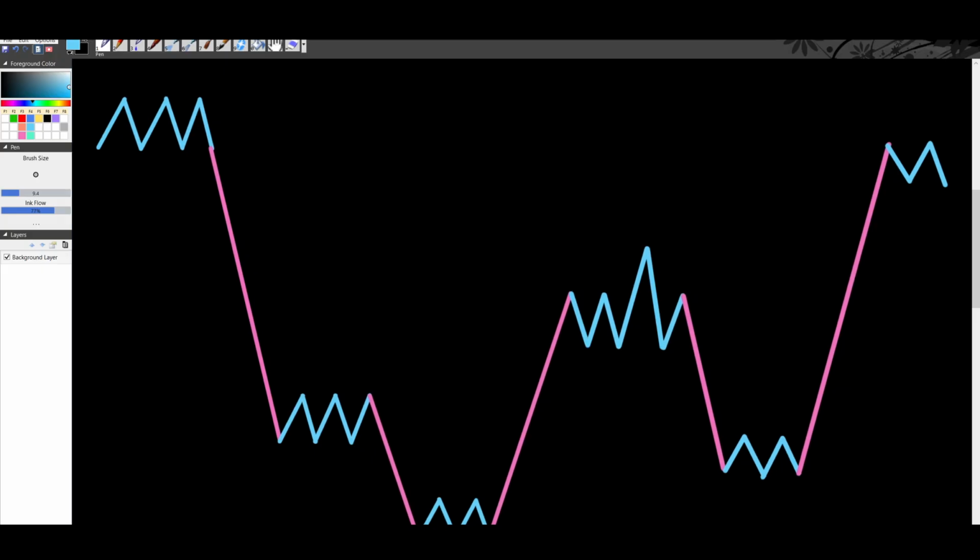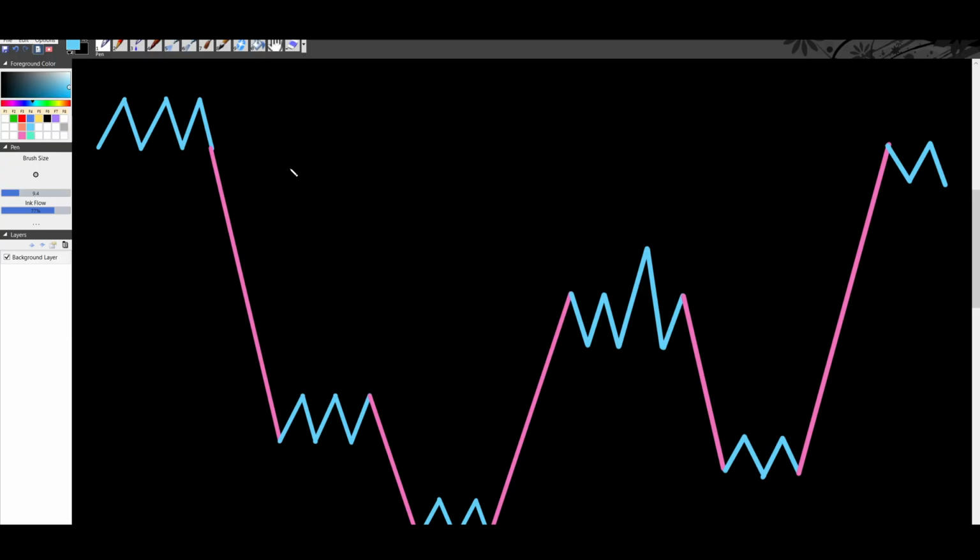What I have drawn here is a very basic overall schematic of a way that the market might move. What we're trying to analyze here is not anything technical, not liquidity, not anything like that.